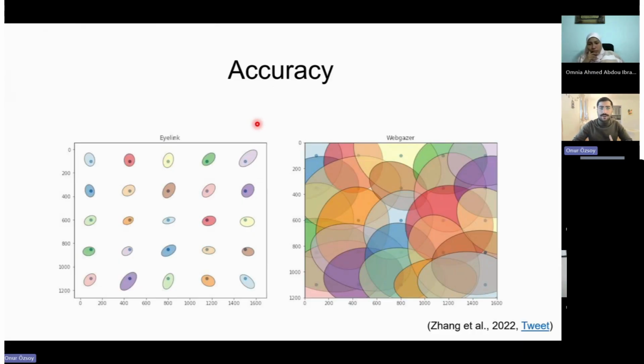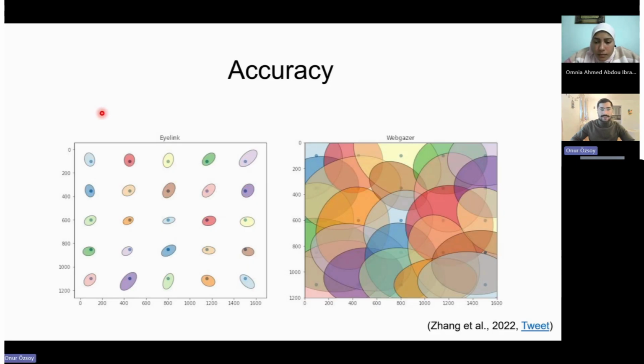The other aspect is accuracy. What you see here is a calibration screen for, on the left side, a high-end eye tracker, for example, the EyeLink from SR Research, and on the right-hand side, WebGazer, what I've just been talking about. The dot is always what was shown on the screen, and the circle around it is how accurately the eye tracker measured where people were looking.